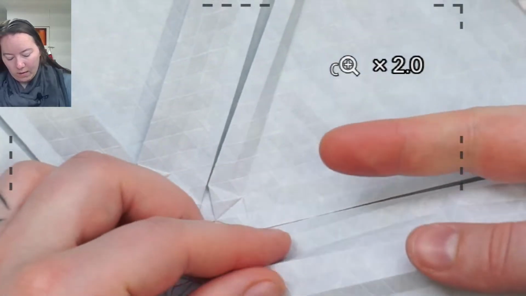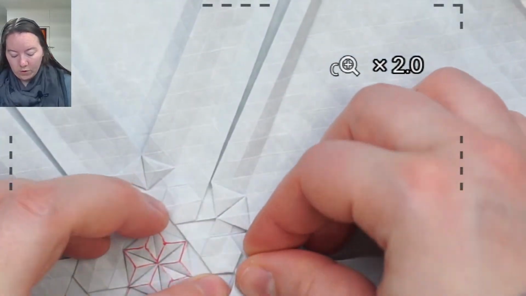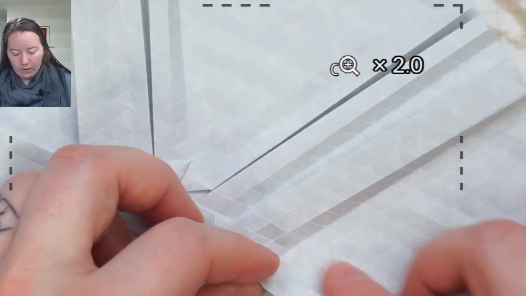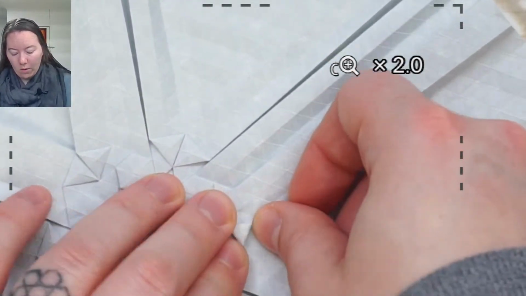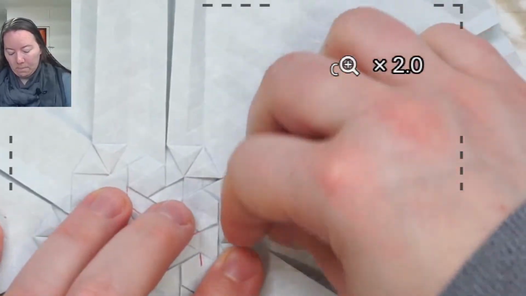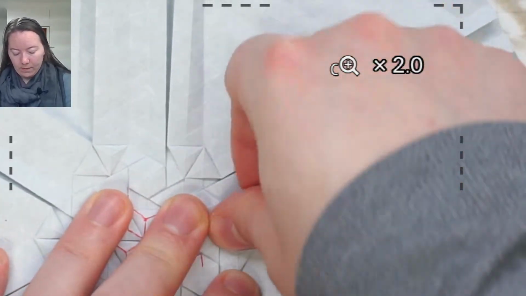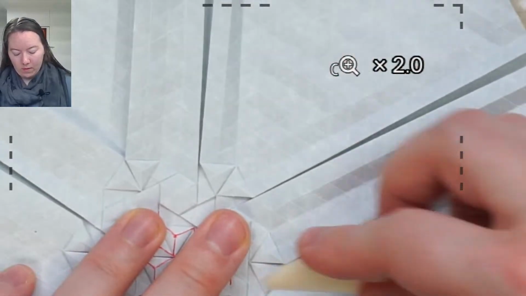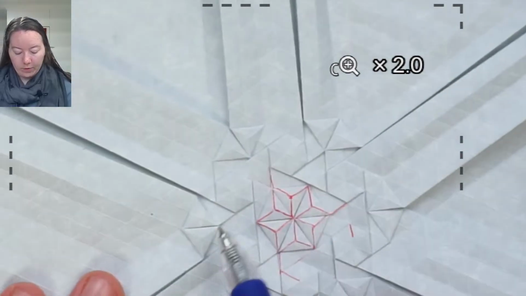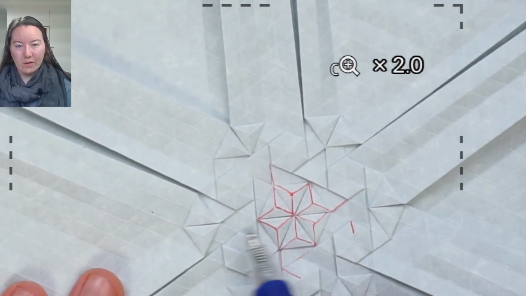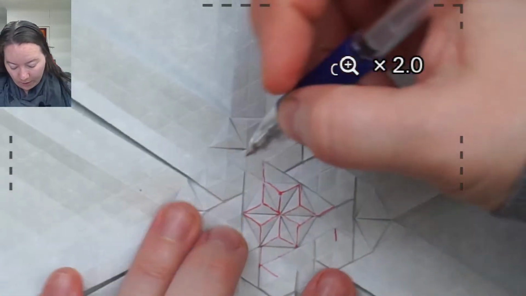So once I get these 2 triangles squashed, I'm going to show you more precisely where these mirror symmetry lines are going. And the first place that we see mirror symmetry lines is straight through the center in 3 directions.